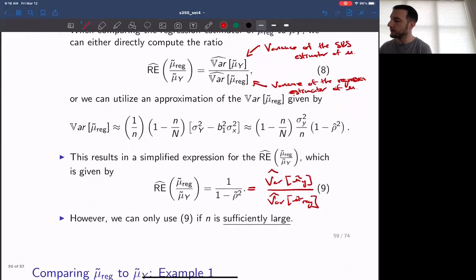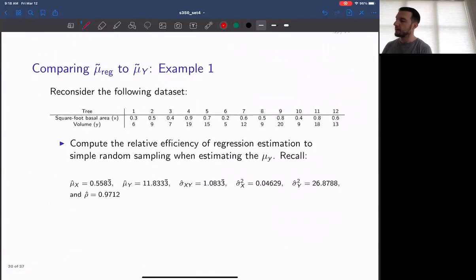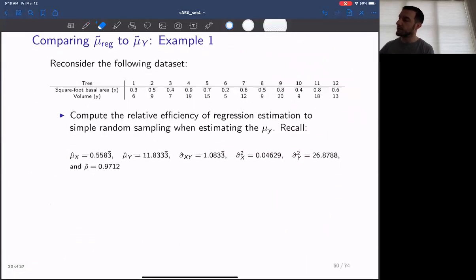All right, so quick illustration of this idea here. So we want to compute the relative efficiency of the regression estimator to simple random sampling when estimating mu. Well, we'll call it mu.